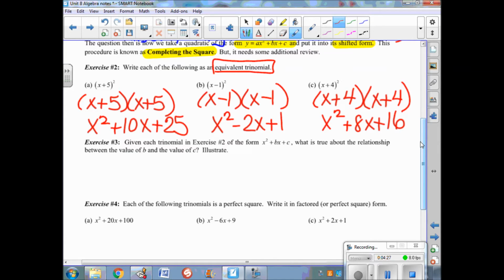Now it says, given each trinomial in exercise 2 in standard form, so right now our 3 answers are in standard form, what's true about the relationship between the coefficient b and the constant c? I'll underline it.